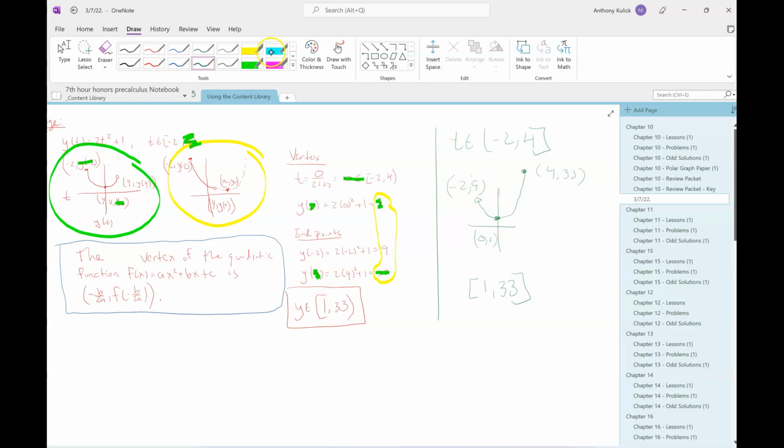Does it matter that 9 is open and 9 is in between 1 and 33? What do you think? In this case, no. Why not?